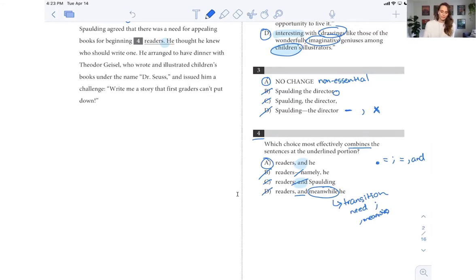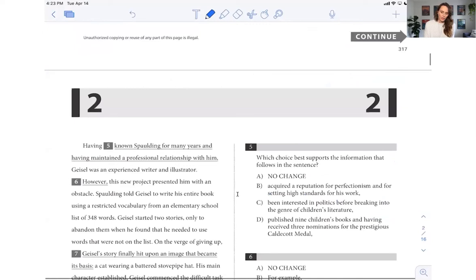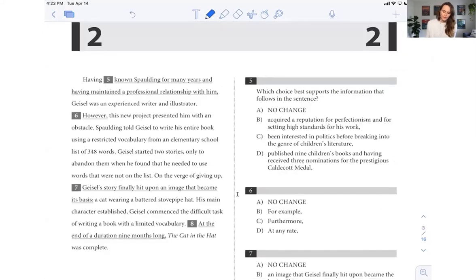Moving on to number 5. Which choice best supports the information that follows in the sentence? So this is another meaning / context question or rhetoric. So this could be something that you save for last if you struggle with these.